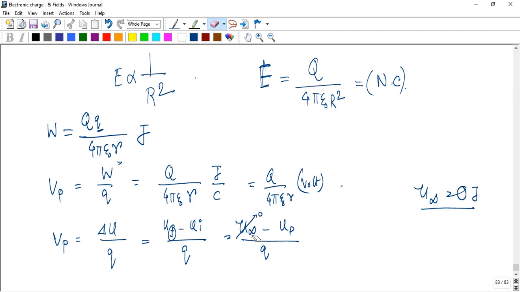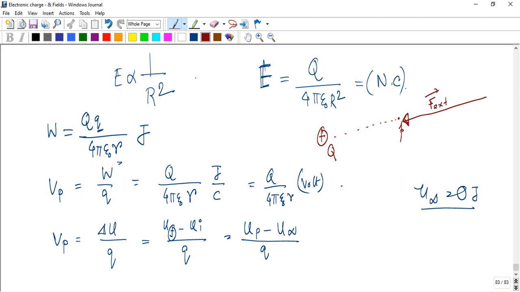Sorry, there is a difference actually. The final position is point P, and the initial is infinity. Let's look at it like this: a source charge capital Q, and a test charge brought to some distance, at point P. We bring the test charge from infinity to here by applying an external force.